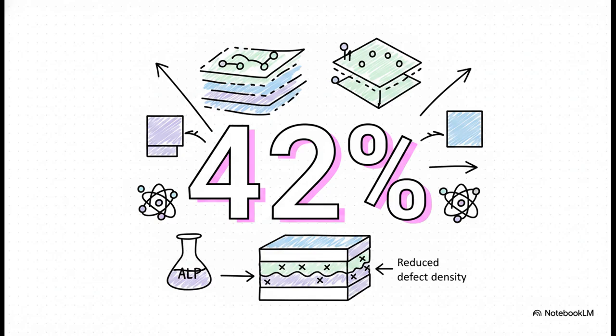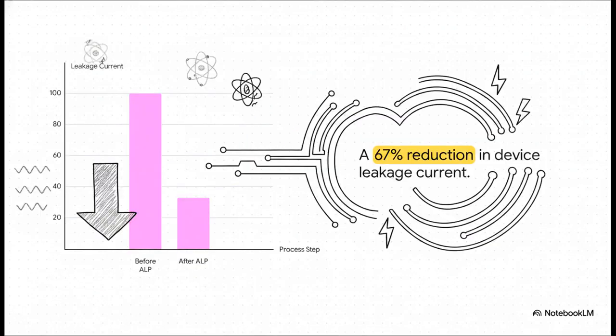I mean, that is a direct, massive improvement in the actual electrical quality of the chip's most important interface. And that massive improvement in quality had a huge knock-on effect. It resulted in a 67% reduction in leakage current. Seriously, for any engineer out there who cares about power efficiency and reliability, that number is an absolute game changer.